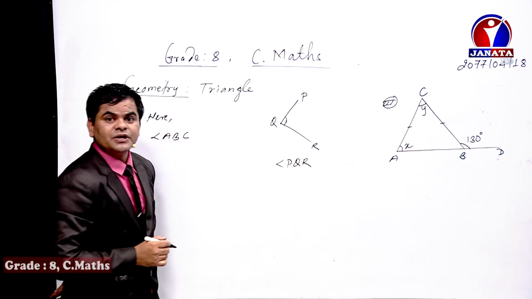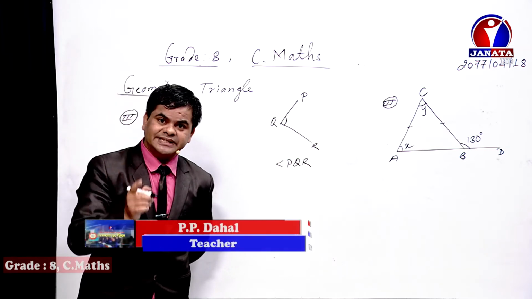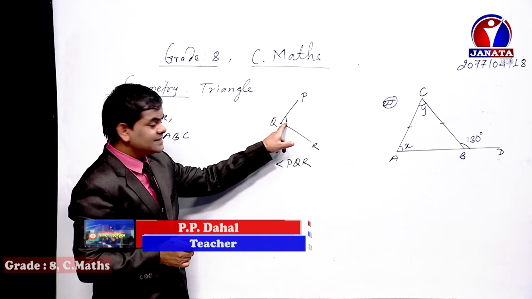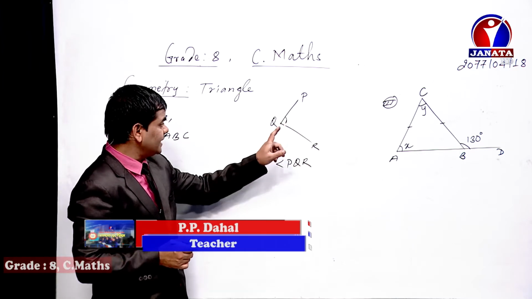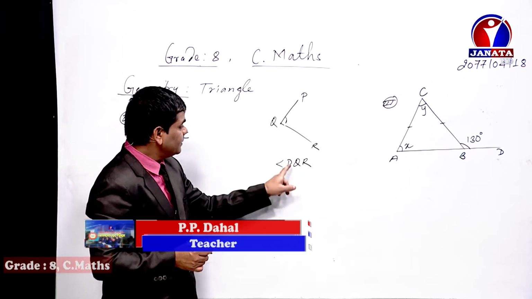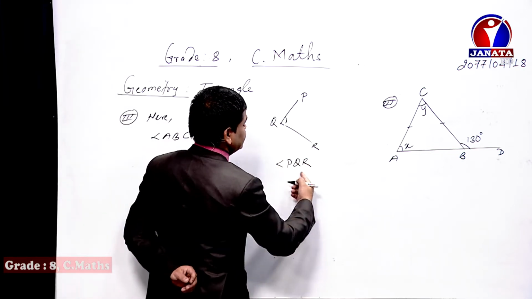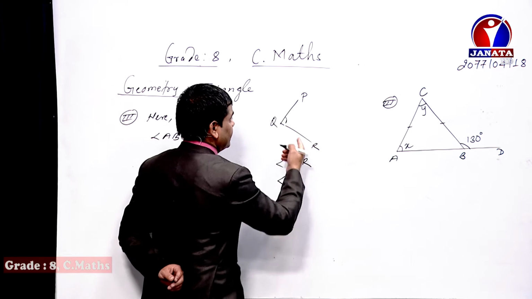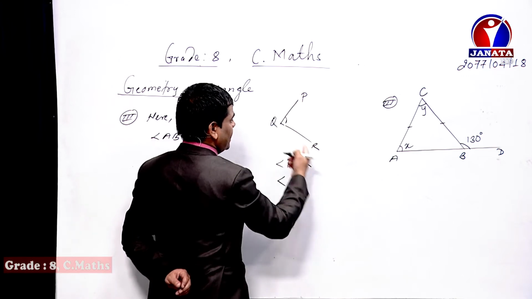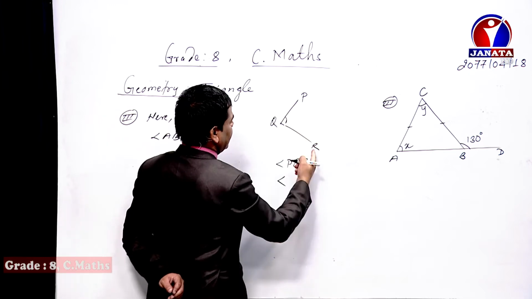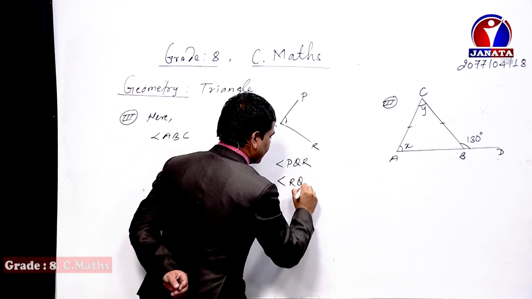The angle which we are going to denote should be kept in the middle, isn't it? So Q is the angle we are denoting, that's why Q comes in the middle. Similarly, there is another way also. From this side, you say angle PQR, or from this side you go, then angle RQP. You can write RQP as well.